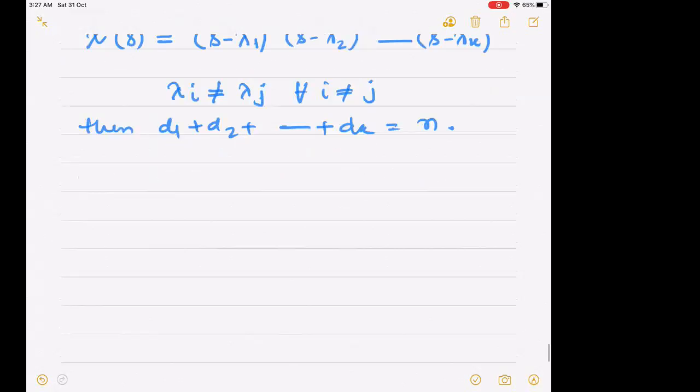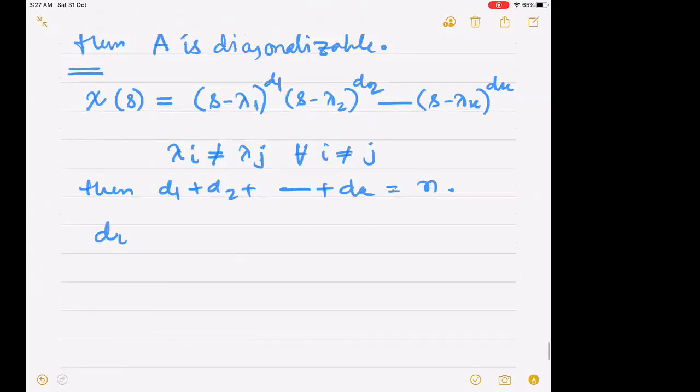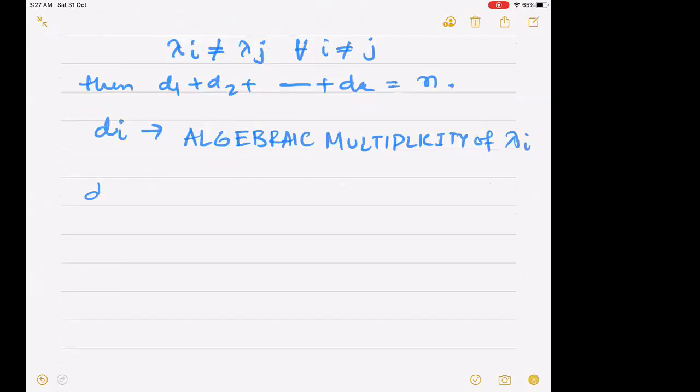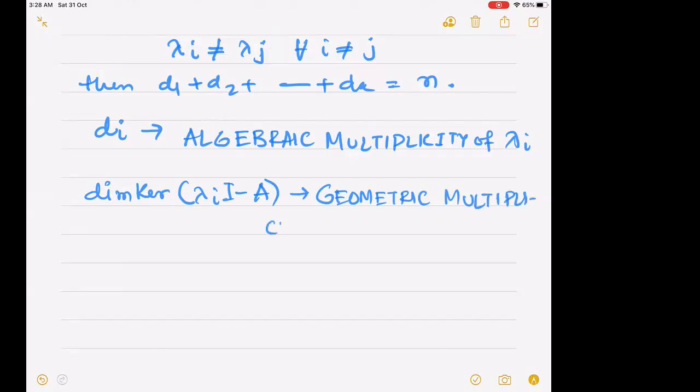And di is called the algebraic multiplicity of lambda i, and the dimension of the null space of lambda i I minus A is called the geometric multiplicity of lambda i.